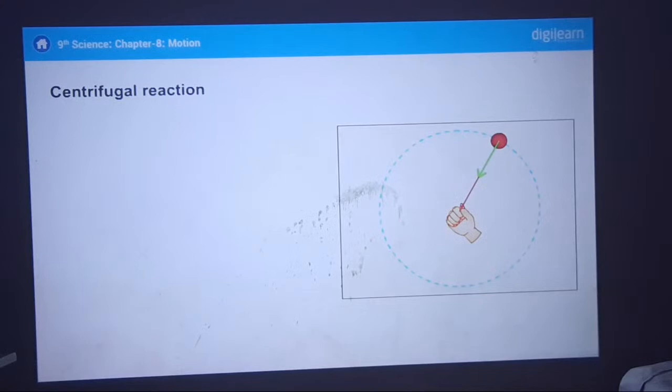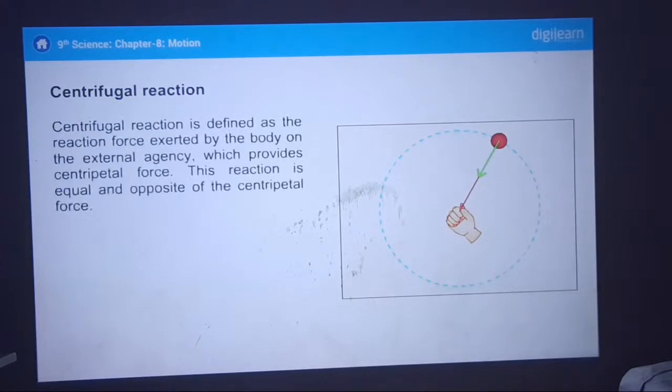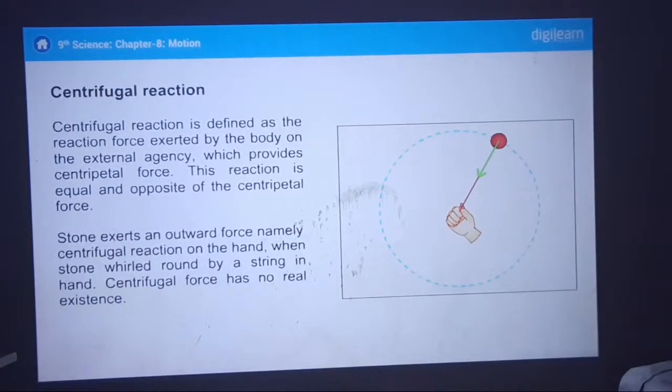Centrifugal reaction. Centrifugal reaction is defined as the reaction force exerted by the body on the external agency which provides centripetal force. This reaction is equal and opposite to the centripetal force. The stone exerts an outward force, namely centrifugal reaction, on the hand when it is whirled round by a string in hand.